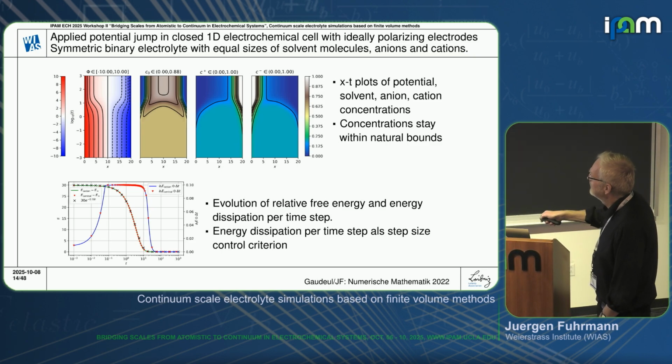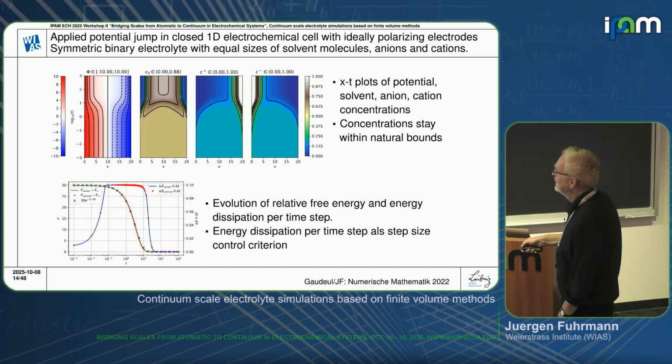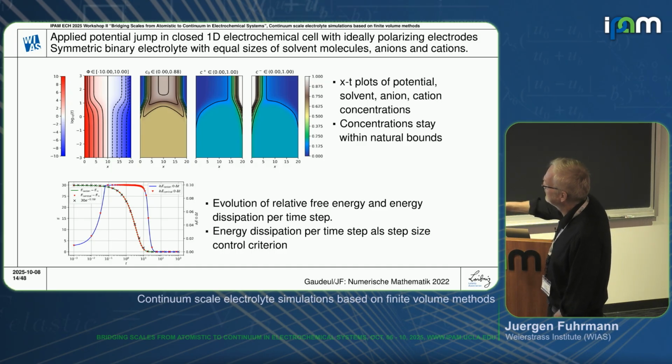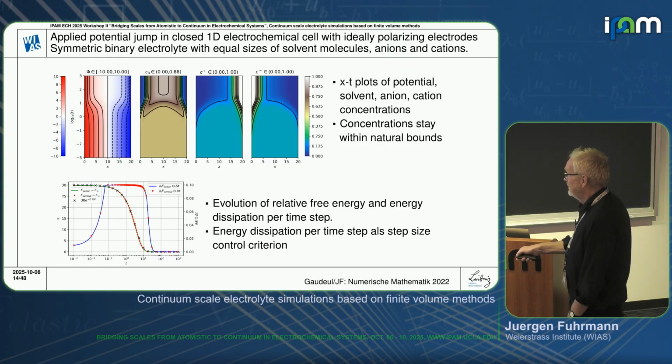We see here the corresponding boundary layers of the positive ions and of the negative ions, depending on the applied potential. This is the electrostatic potential here. We also get these potential boundary layers. And we can see how the discrete free energy decays exponentially, and we can also see the dissipation rate per time step.